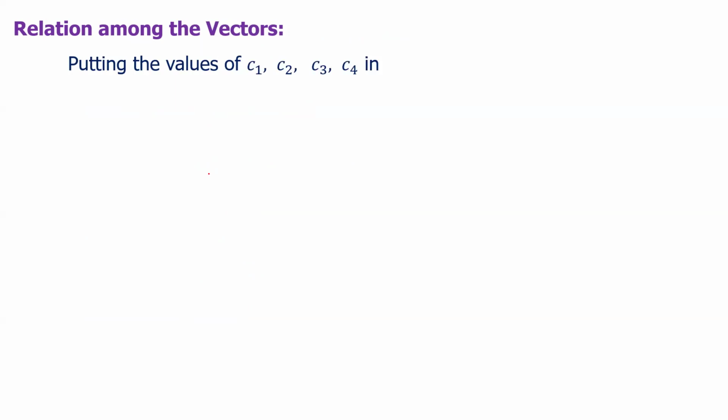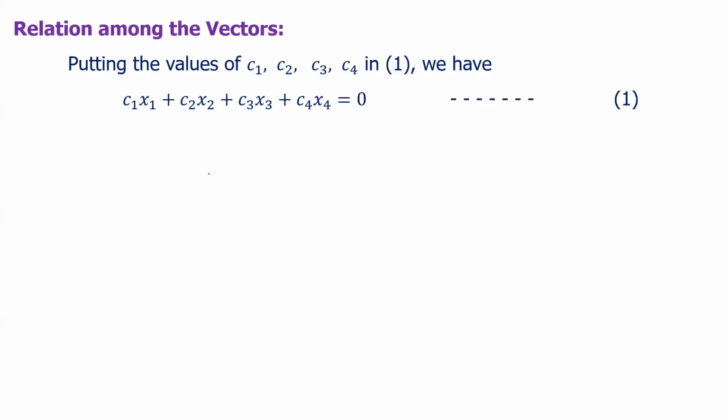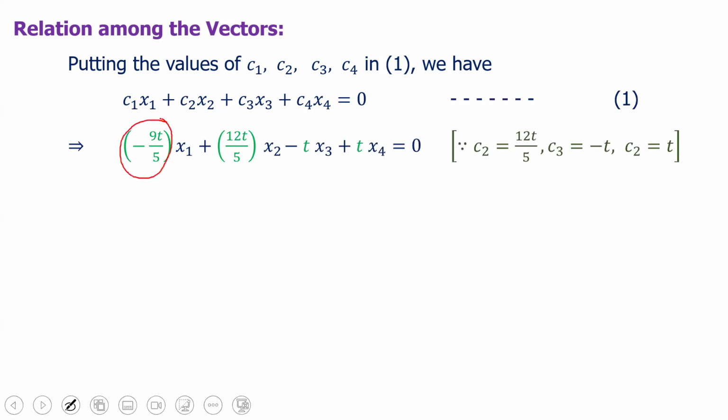Putting the values of C1, C2, C3, C4 in equation number 1, we have C1x1 plus C2x2 plus C3x3 plus C4x4 equal to 0, where C1 is equal to minus 9T upon 5, C2 is equal to 12T upon 5, C3 is equal to minus T, and C4 is equal to T.